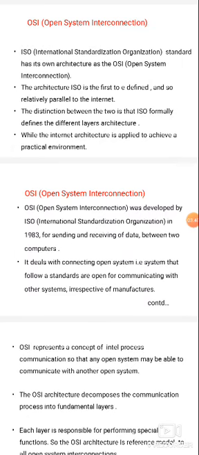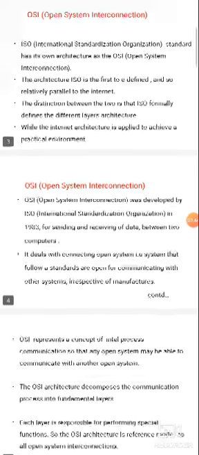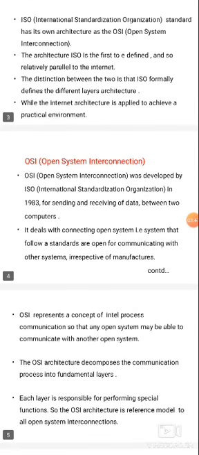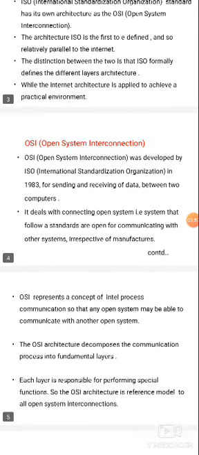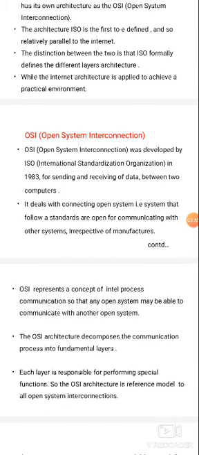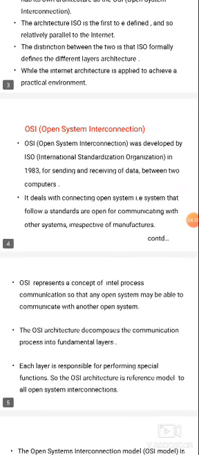The distinction between the two is that the ISO family defines different layers in the architecture, while the internet architecture is applied to achieve a practical environment. So OSI was developed by ISO, the International Standard Organization. The OSI structure contains 7 layers and it is also suitable for internet communication.